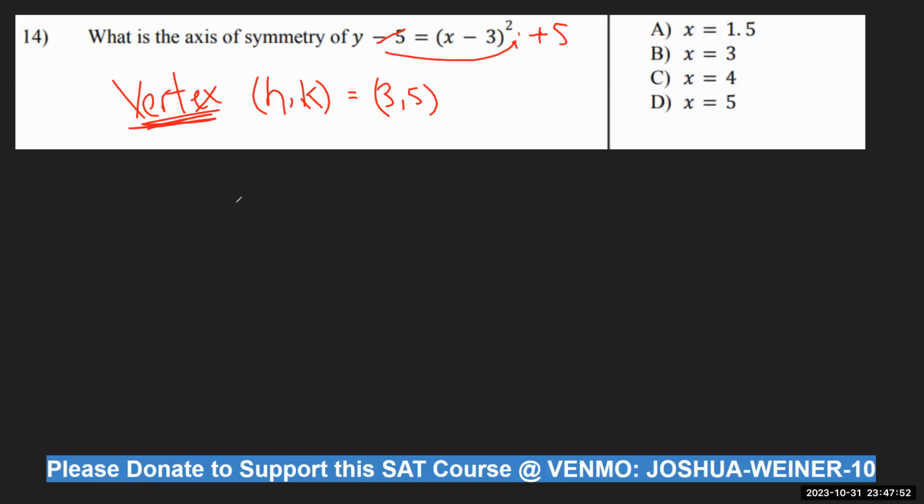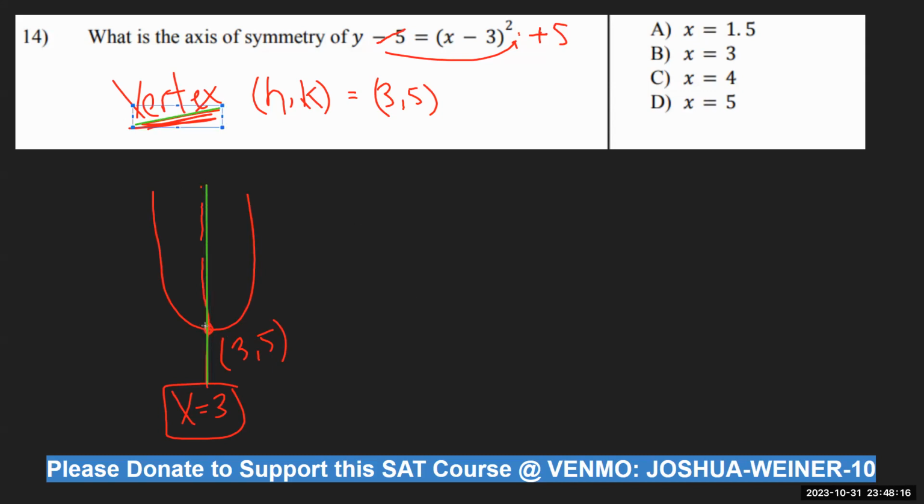But remember what the vertex is. The vertex lies on the axis of symmetry. So 3, 5 means that x equals 3 is the x coordinate. That's the center line, which I was drawing in green in our example. Sorry, I'm drawing this freehand. So the vertex is this special point that's on the parabola.